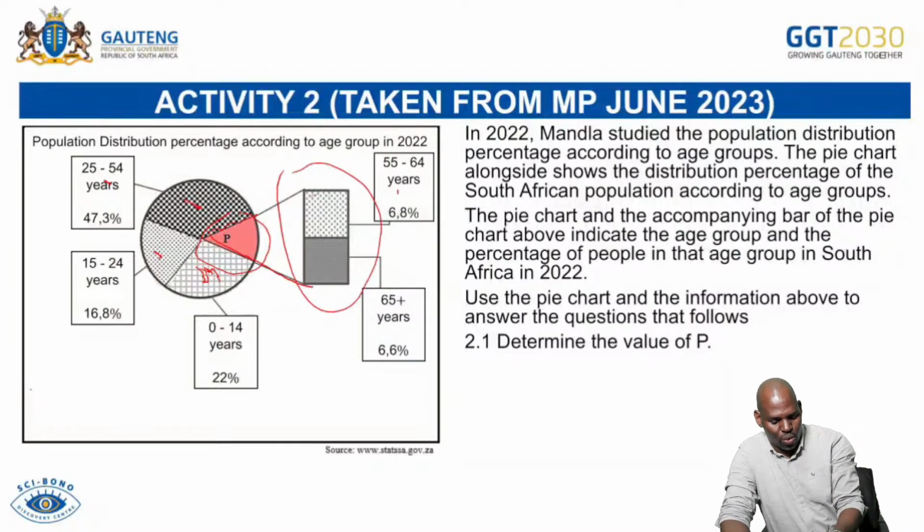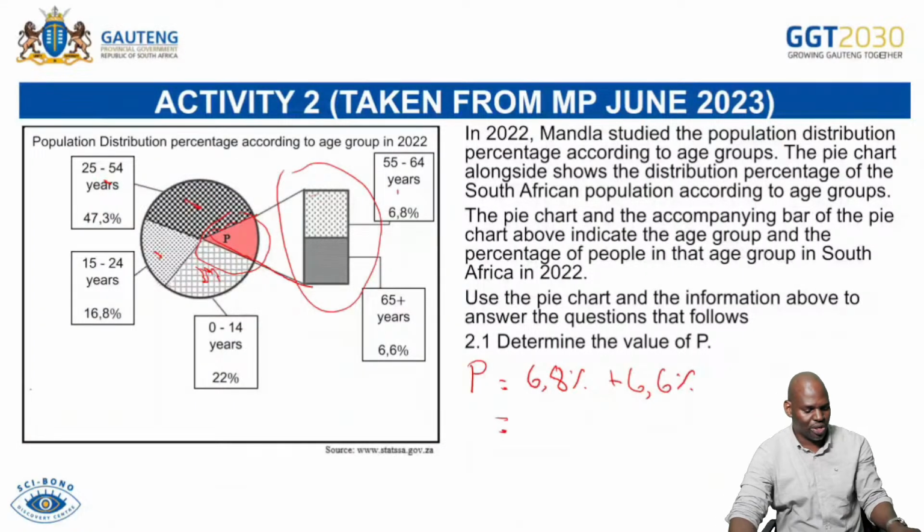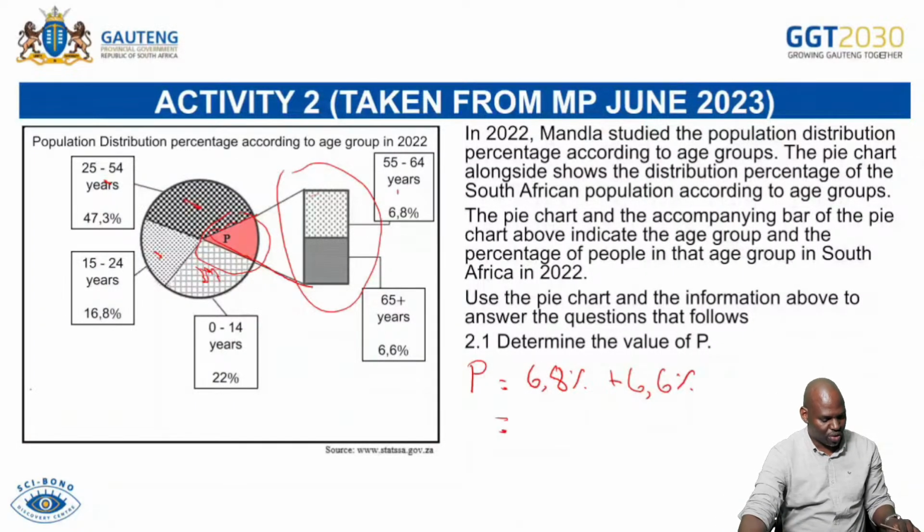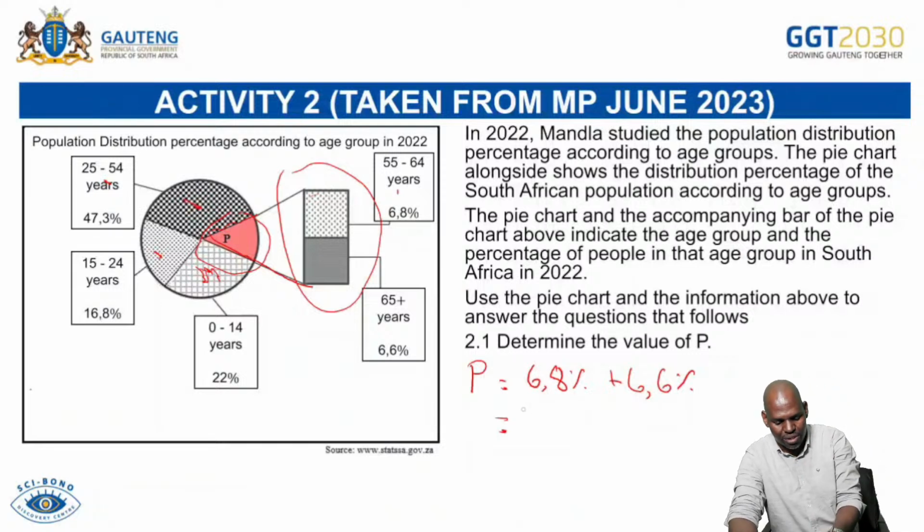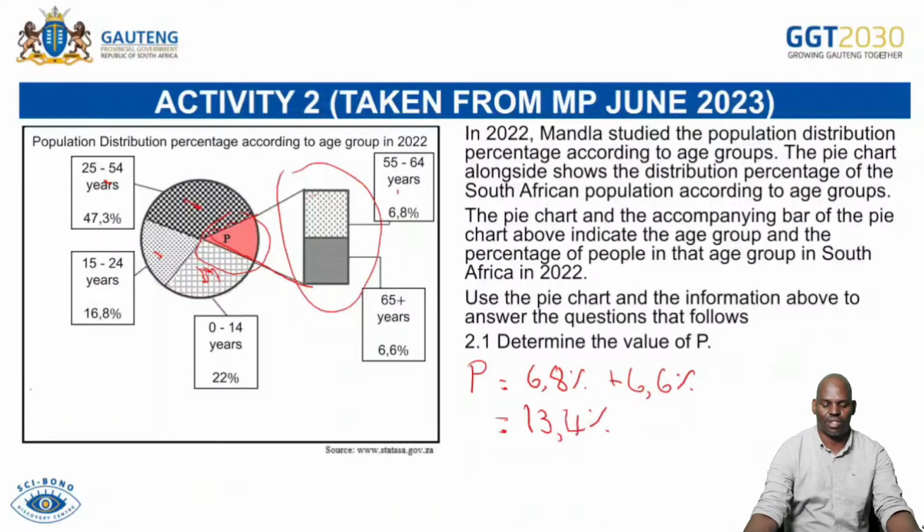So we just say the value of P is 6.8% plus 6.6%, and then we get 13.4%. That is the answer.